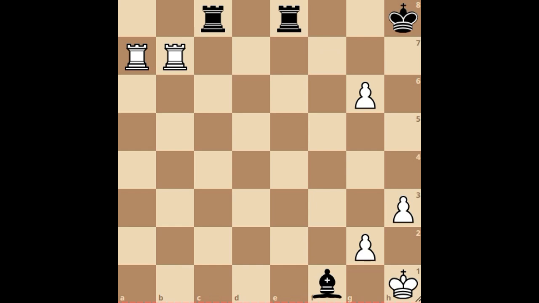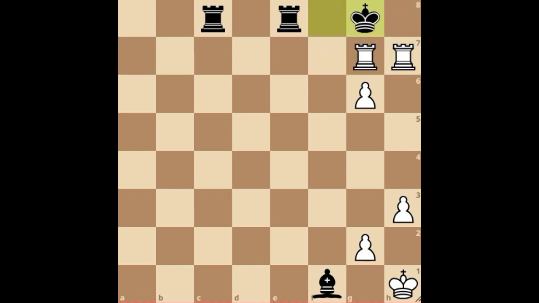A combination is after rook gives check, the other rook gives check now, and after king f8 you have rook f7. Thanks to the pawn on g6, the rook is able to take the bishop, and this is a winning endgame for white. So this is another idea that you have to keep in mind when you have rooks on the 7th rank.